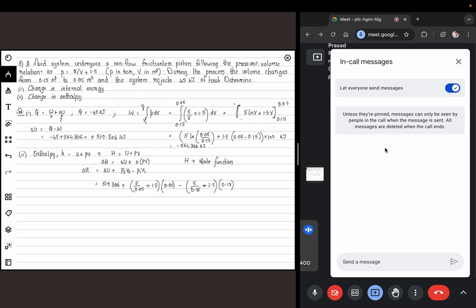Again, just to be consistent with the units, the delta U is calculated in kilojoules, but here pressure is in bar, so I'm multiplying by 100 to convert it into kilojoules.